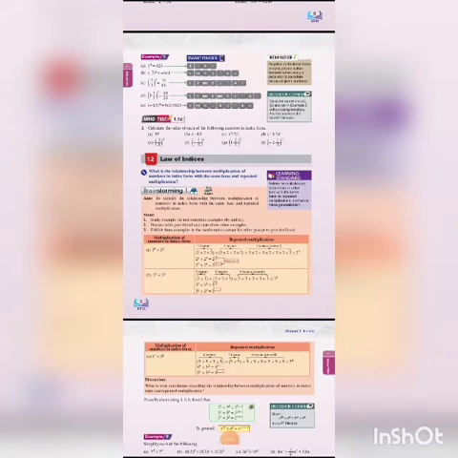What is the relationship between multiplication of numbers in index form with the same base and repeat multiplication? So brainstorming 1 is to identify the relationship between multiplication of numbers in index form with the same base and repeat multiplication.